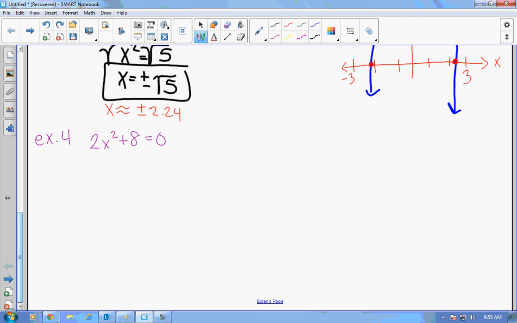Please find all zeros. What do I mean by find all zeros? Find the x-intercepts, because the x-intercepts have a height of 0, right? If you're on the x-axis, you have a height of 0. So when I say find all zeros, it's saying find all points that have a height of 0.